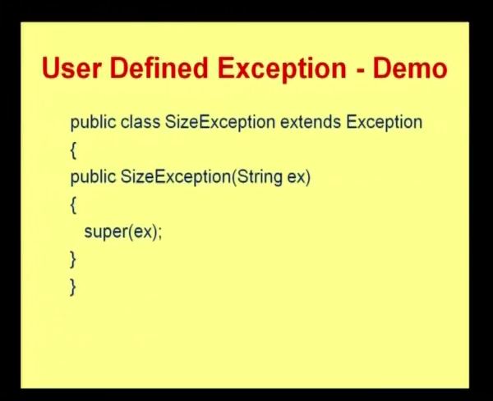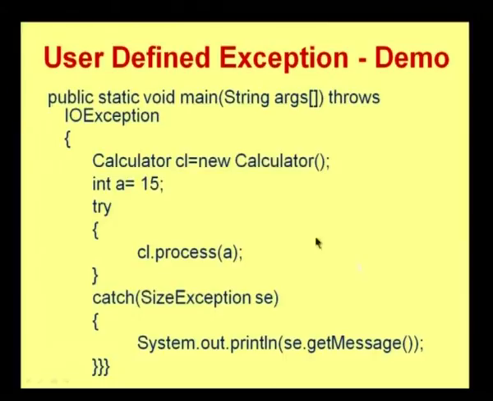Here you can notice that I have super(ex). Whatever string I pass through this SizeException will be assigned to the message. So whenever I call se.getMessage, whatever message I gave in the constructor will be passed on and printed here.